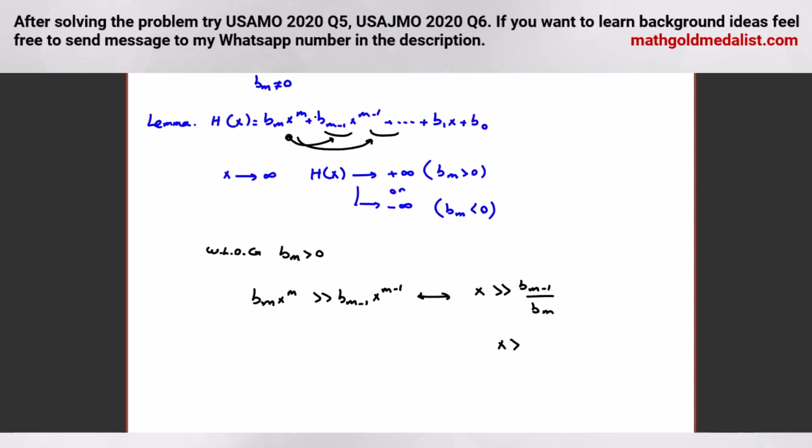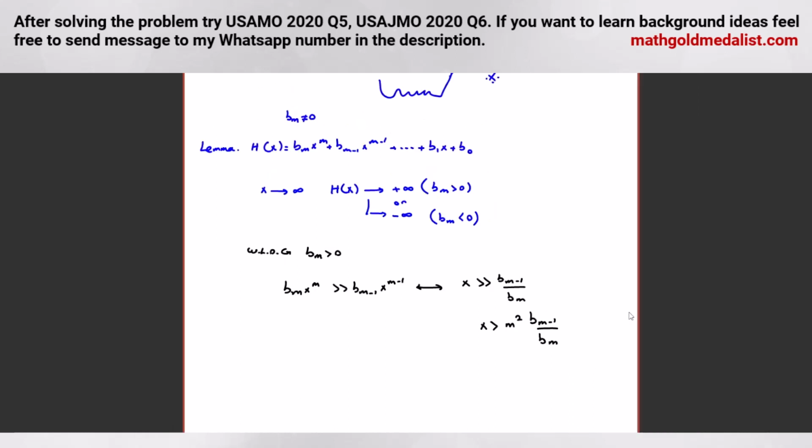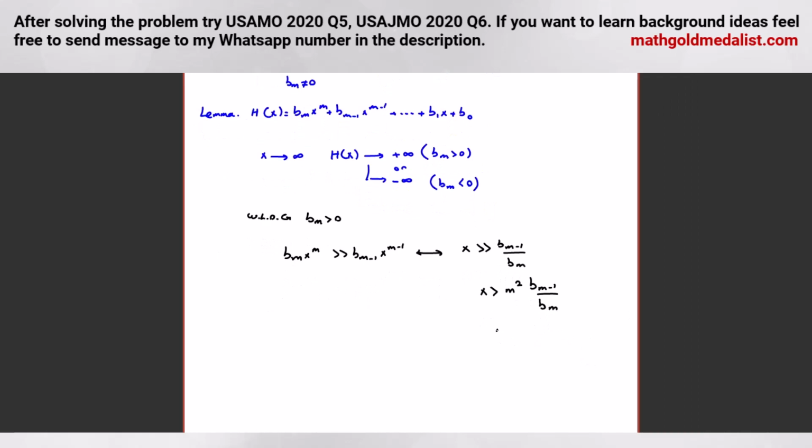So suppose, for example, x is greater than m squared times the absolute value of bm minus 1 over bm. And also we should use for the other terms: x greater than m squared times bm minus 2 over bm, and x greater than m squared times, for example, b0 over bm. Let's see whether this x works or not.